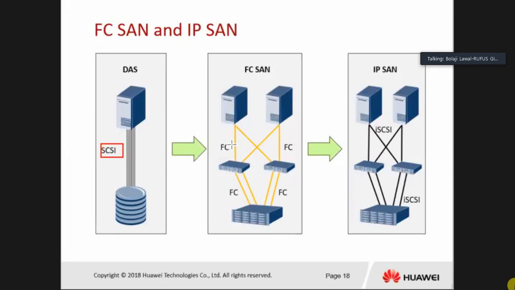Then here is used fiber channel, and you can see the redundancy link. So I said yesterday that the difference between SCSI and iSCSI is the internet. So SCSI here works direct attached storage as file sharing protocol. But when it goes to IP-SAN, that's Internet Protocol SAN, it becomes Internet SCSI.